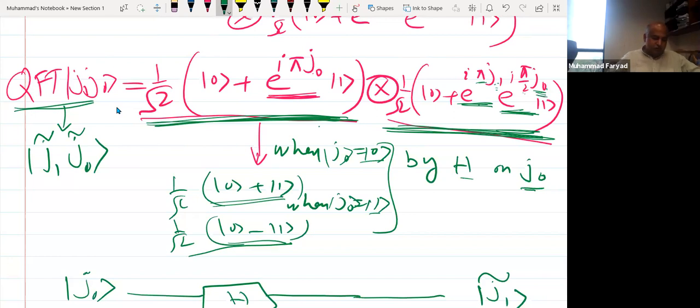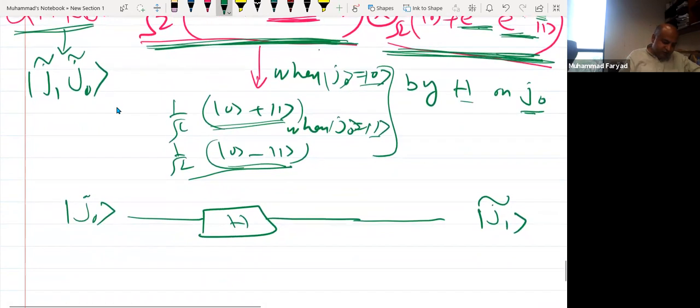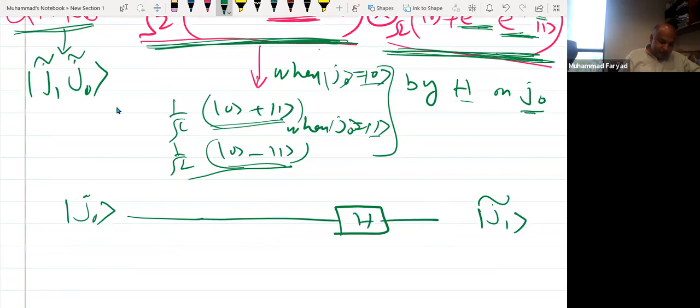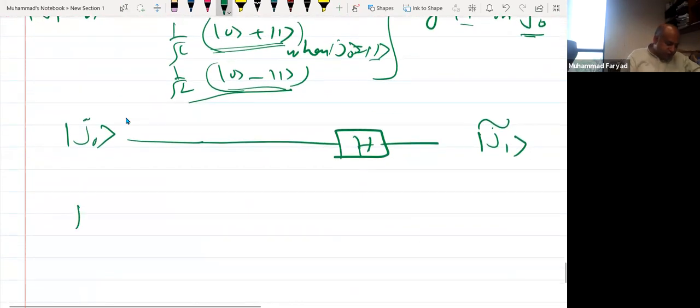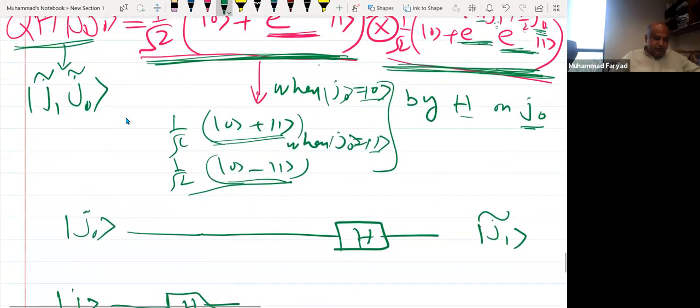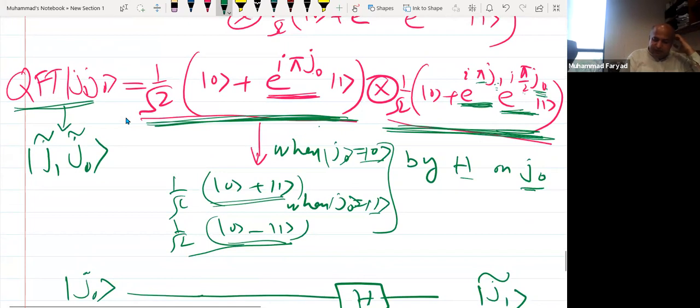Okay, so let's do it like this. Let me redraw this part of the circuit. So let's take this Hadamard a little bit ahead because I need to do a control operation because of j naught. So on j1, I first apply a Hadamard always, because this Hadamard is actually a controlled phase gate with respect to j1 anyway. When j1 is 0, there's no phase. When j1 is 1, we get a minus sign, which is equivalent to exponential iota pi.